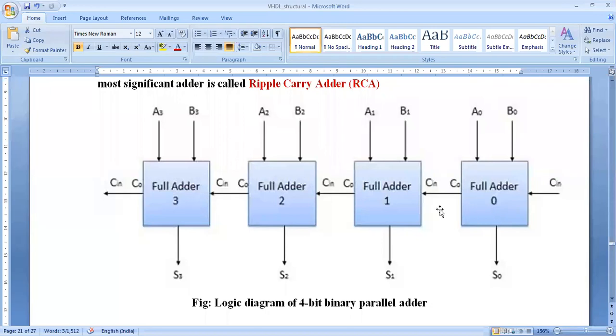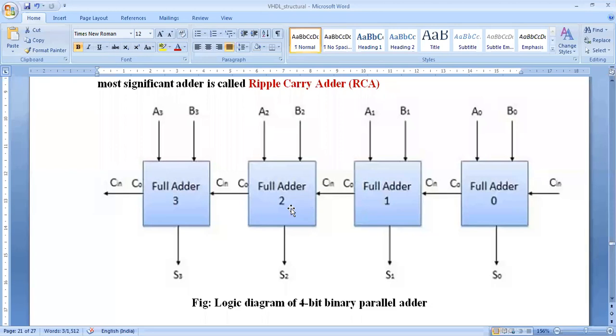Full adder 0, full adder 1, full adder 2, full adder 3. Each full adder takes one binary digit from each number and performs the addition, and gives the result as the sum and carry out. Similarly, the second full adder takes the next most significant bits, performs the addition, and produces the sum and carry.